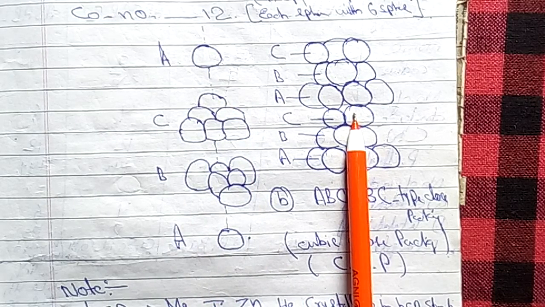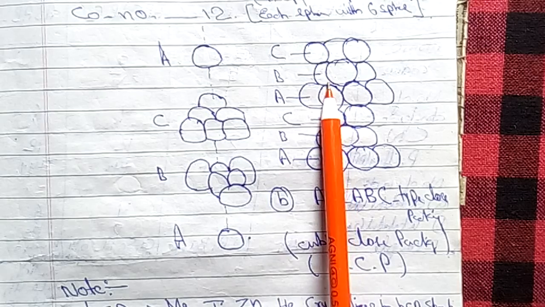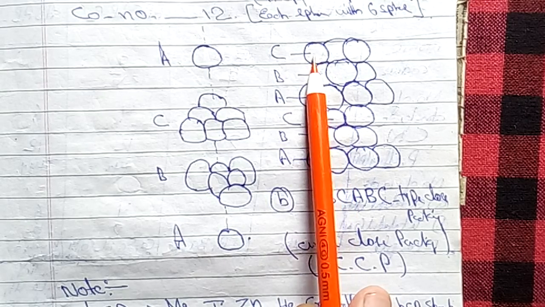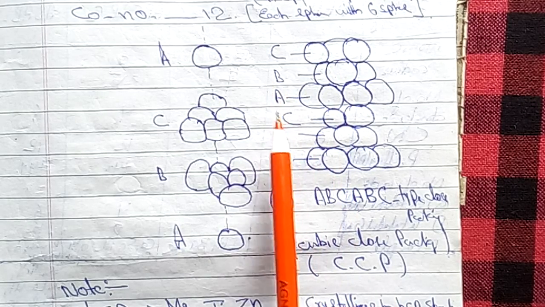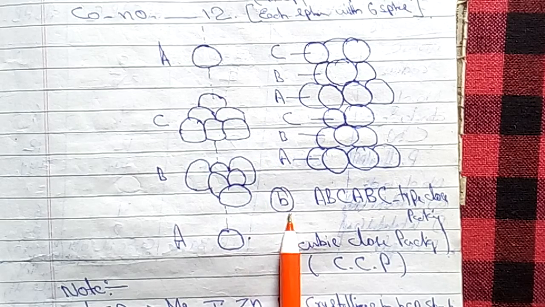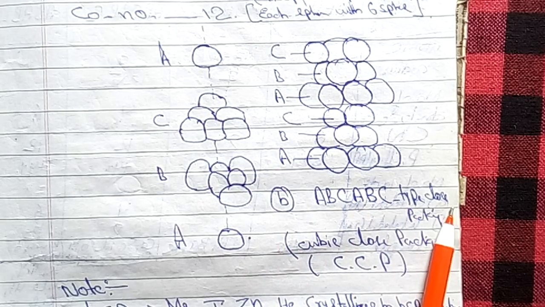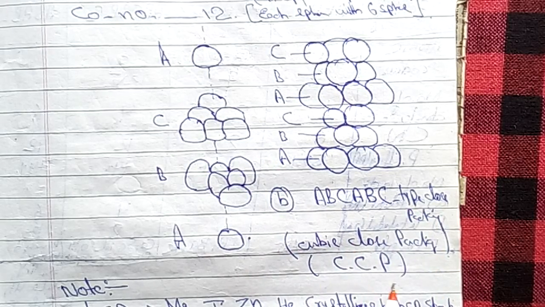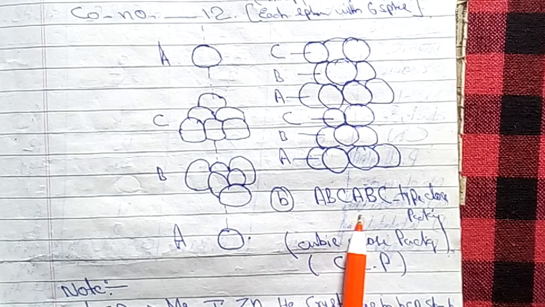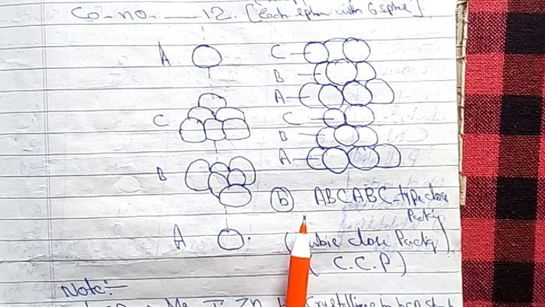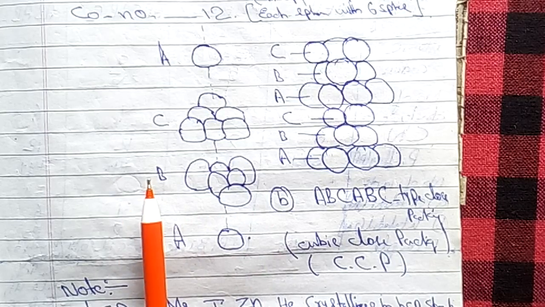Just keep in mind, we don't have to go into much detail. We just have to see C B A, then again C B A. So what will be the arrangement? ABC ABC type close packing, which we obtain in CCP, cubic close packed or FCC. So in CCP, cubic close packing, ABC ABC, and in HCP, AB AB type arrangement is obtained.